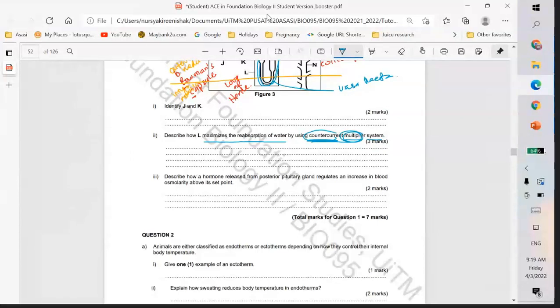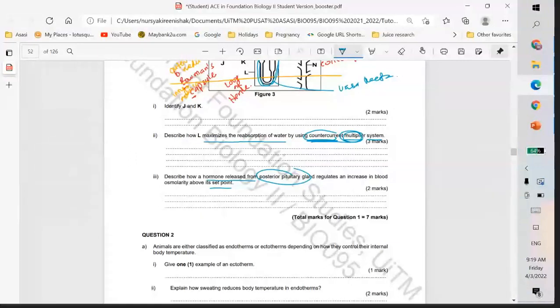Describe how a hormone released from the posterior pituitary gland regulates an increase in blood osmolarity above its set point, making the collecting duct more permeable to water, increasing water reabsorption, and bring back blood osmolarity to normal.